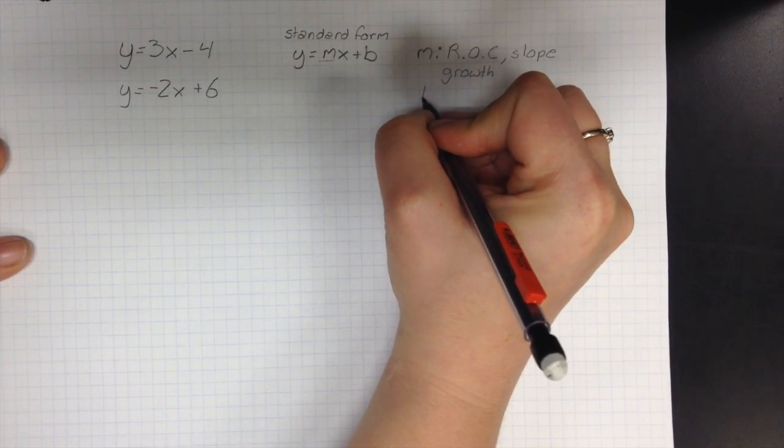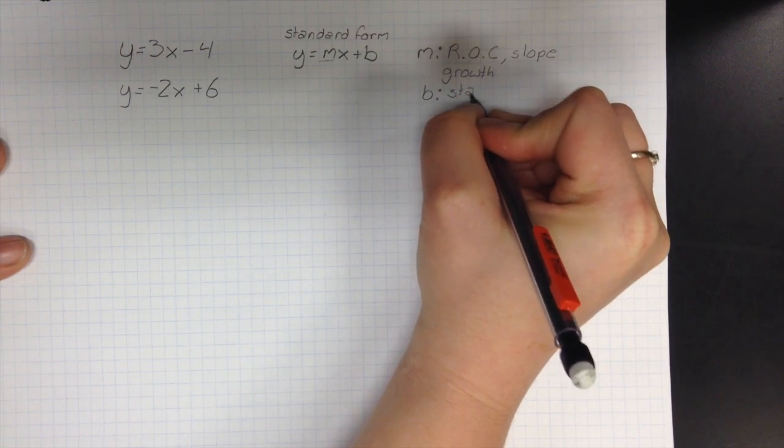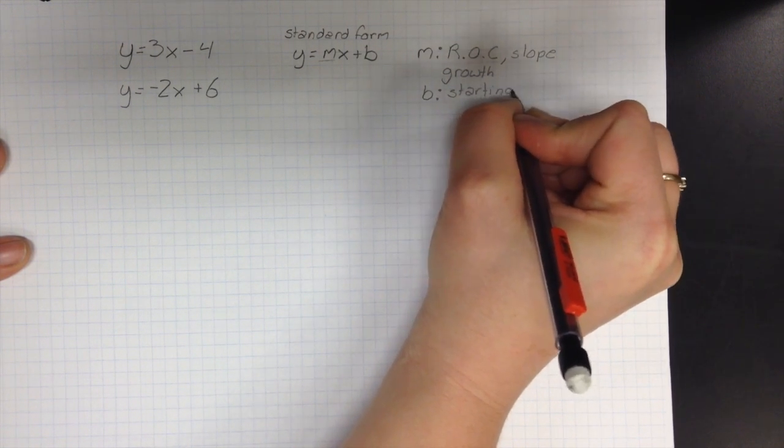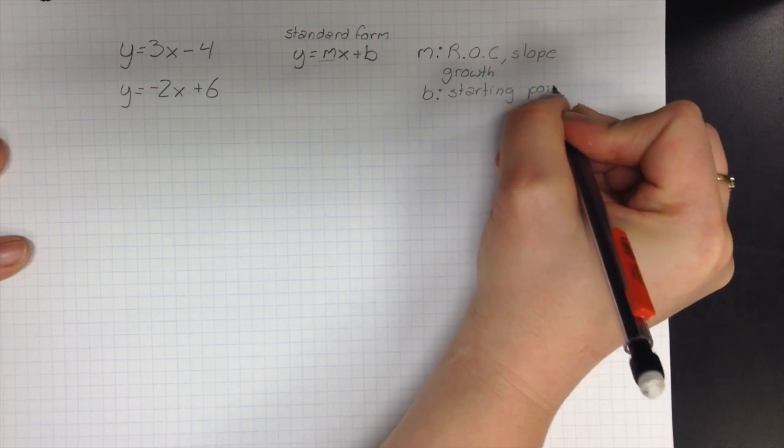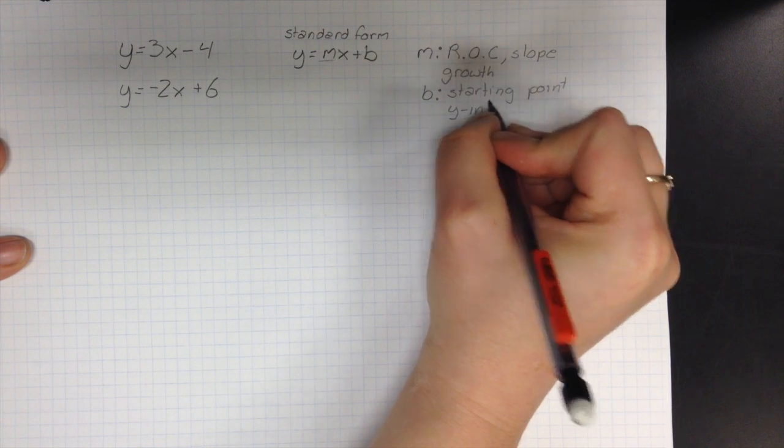Our variable b, that's telling us about our starting point. The formal name for that is our y-intercept.